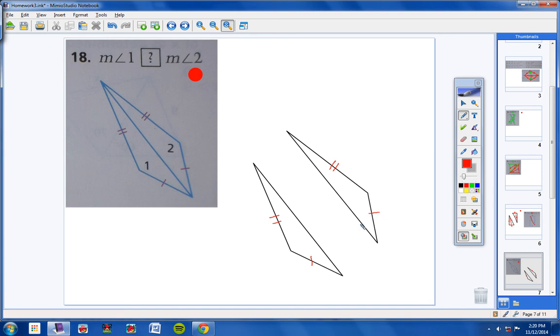Oh, and this side here is congruent to the side here because they share a common side. Guys, you got congruent triangles. You've got side, side, side. When 3 sides of one triangle are congruent to 3 sides of another triangle, the 2 triangles are congruent. So what do we know about angle 1 here and angle 2 here? They're congruent, because if 2 triangles are congruent, then all of their corresponding parts are congruent. So angle 1 equals angle 2.